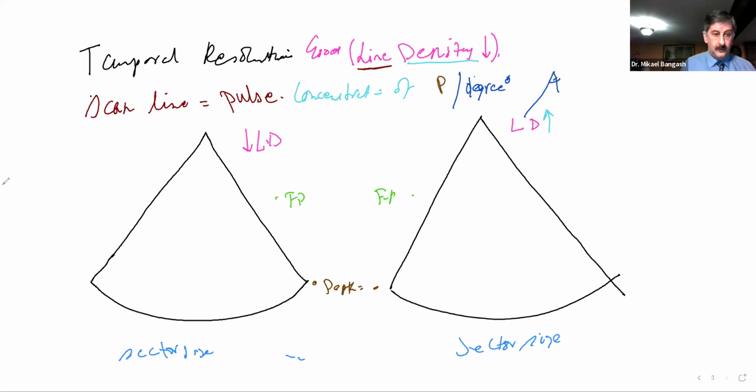So what would that low line density mainly mean? Lesser number of pulses. Whereas this high line density will mean that you have a greater number of pulses, of course, per degree angle.